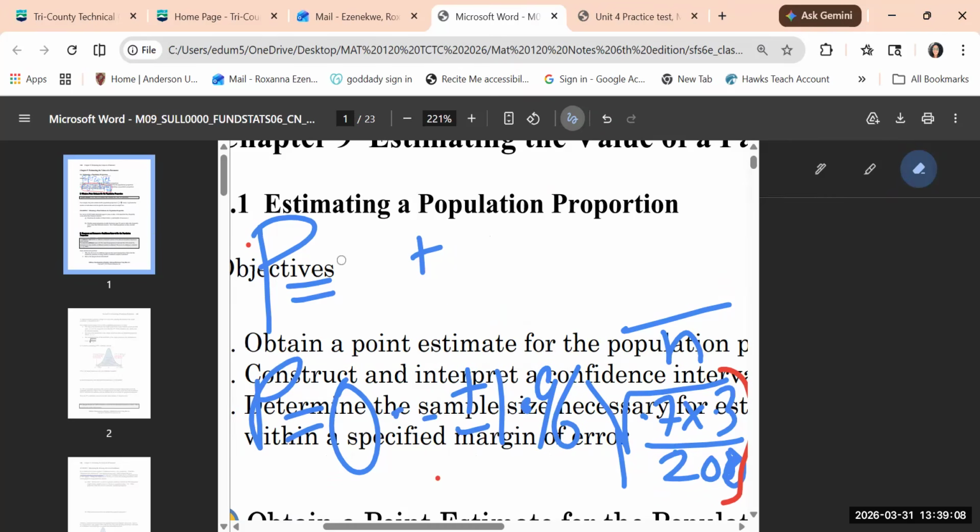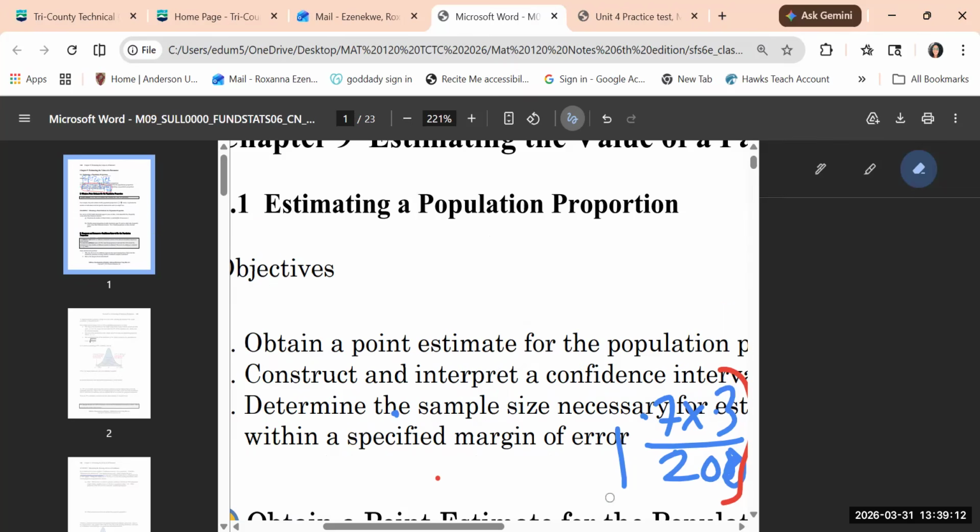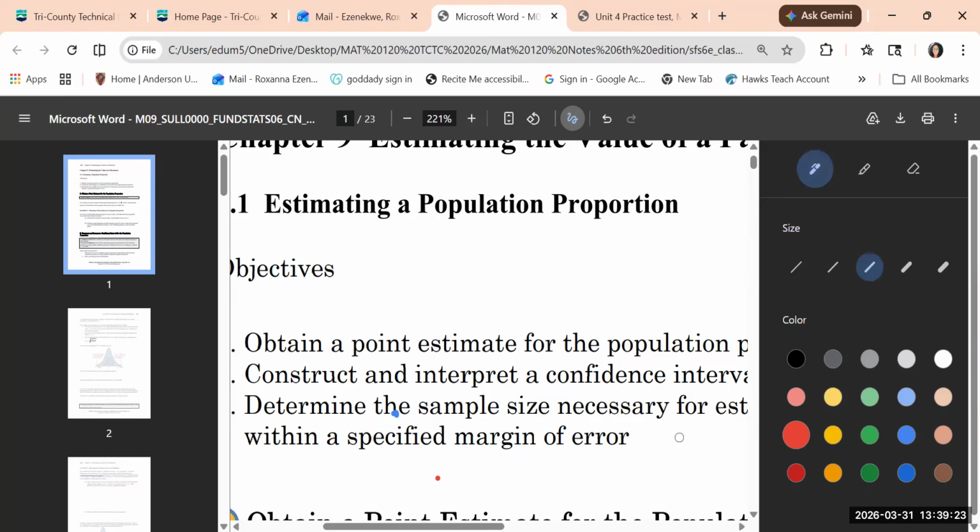So let's calculate the sample size, or rather the number over the sample, because it's not given to us, but we can calculate that. P hat is equal to x over n. That is the formula.